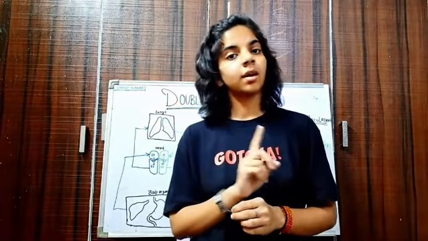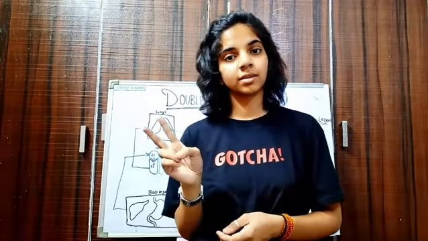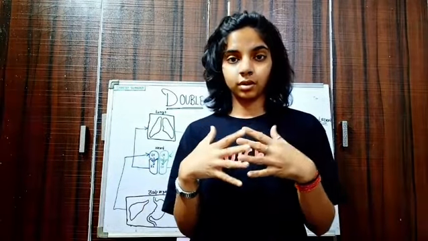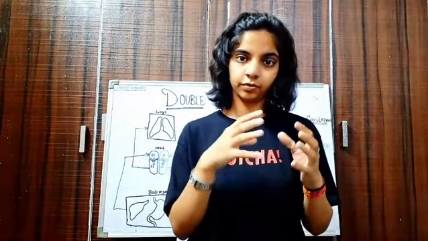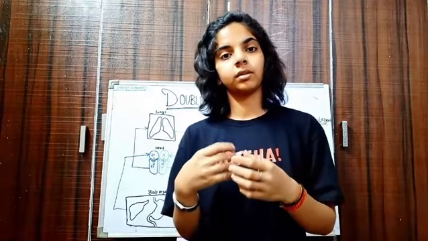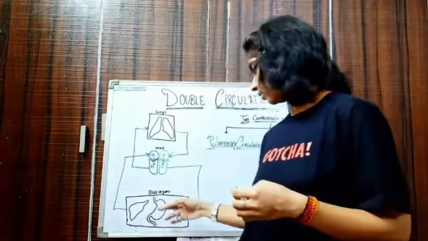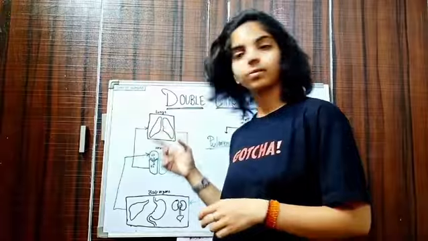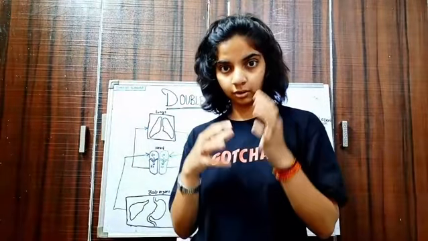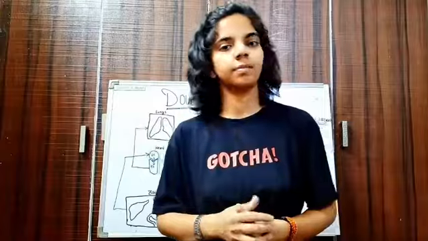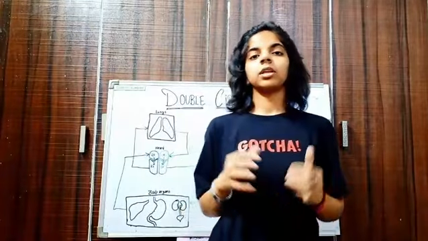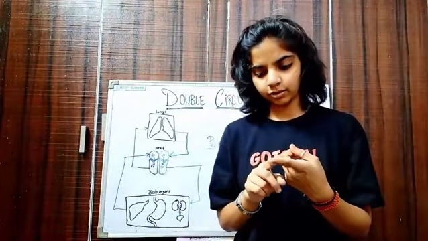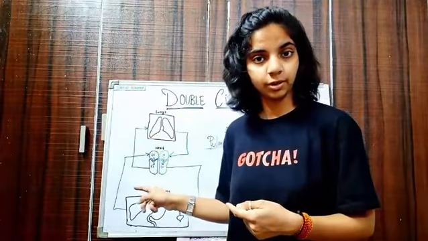Arteries carry oxygenated blood. Veins carry deoxygenated blood, and capillaries are the junctions of arteries and veins, from where the oxygenated blood is either getting deoxygenated, like in tissues and body organs, or in lungs, where capillaries convert deoxygenated blood to oxygenated blood. So you need to keep in mind all the time what the function of arteries is and what the function of veins is while you are studying double circulation.